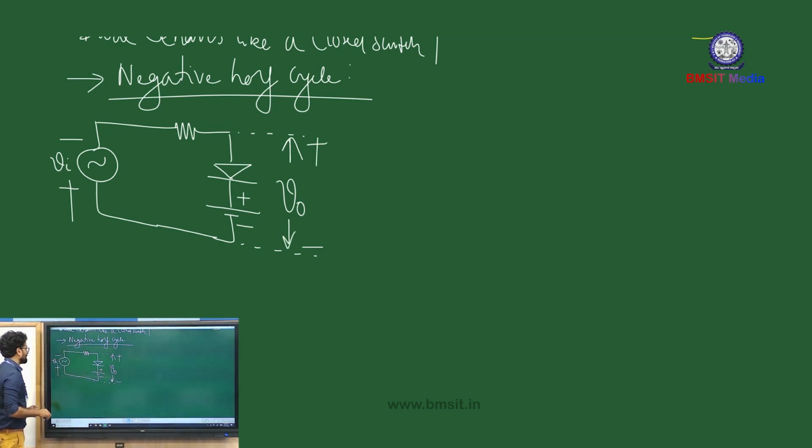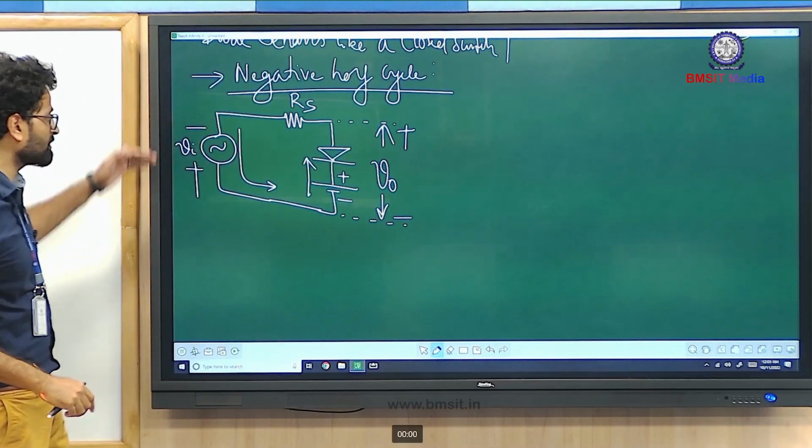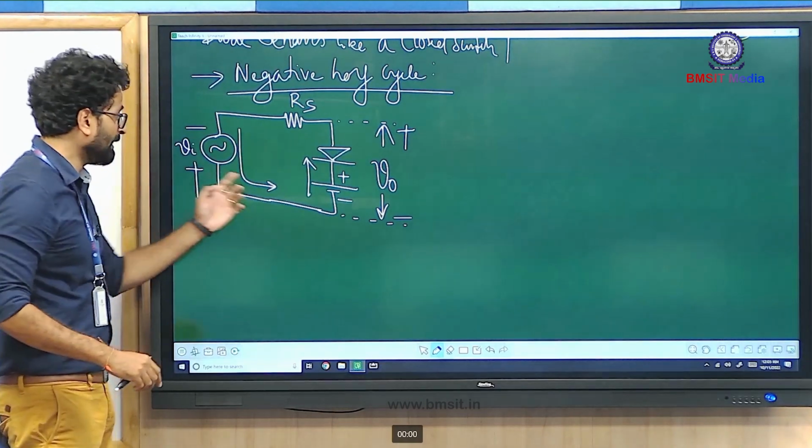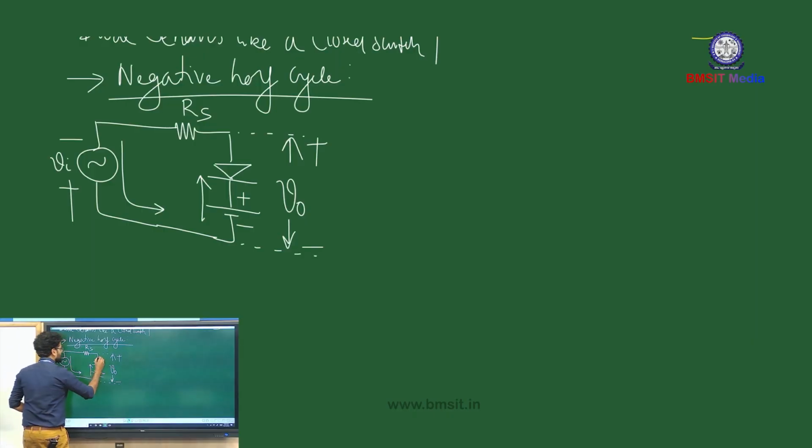Alright, so for the negative half cycle, you can see that both sources are trying to circulate the current in the same direction, right? Minus to plus, anti-clockwise direction. So both the sources are helping each other in reverse biasing the diode. So for the entire negative half cycle, the diode stays in reverse biasing mode.